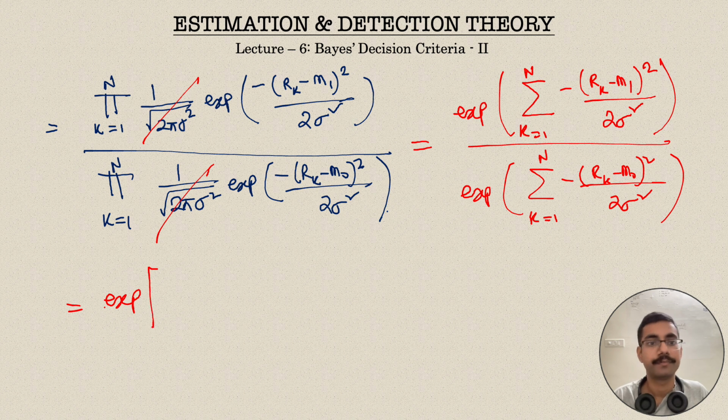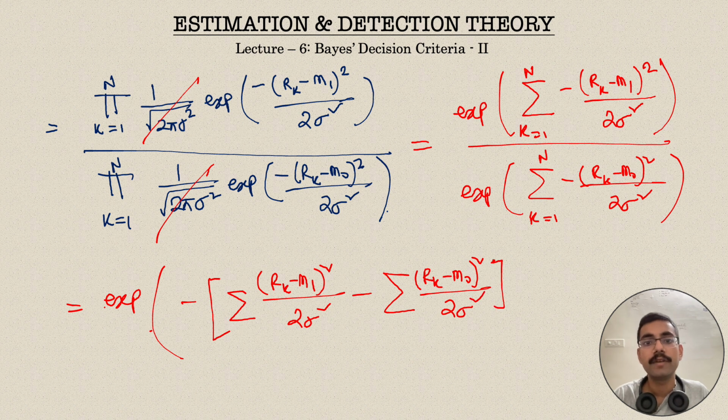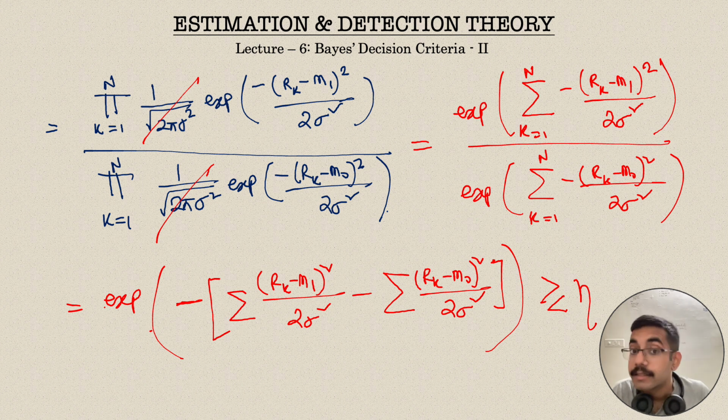So we get exponent of minus summation of rk minus m1 whole square by 2 sigma square minus summation of rk minus m0 whole square by 2 sigma square. What did we actually do? We took out the negative term and kept it as it is. Now this is greater than or less than some eta. This is the threshold.